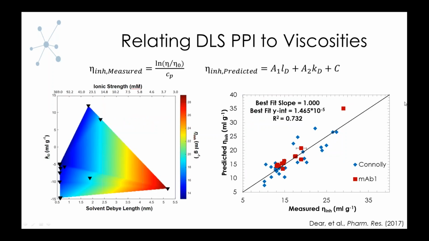So to get a better understanding of this, to see if we could use these KDs to predict viscosities for systems of varying ionic strength, we created a very oversimplified model where we made a predicted viscosity based off of two parameters: the measured KD and the Debye length of the solvent that the protein is dissolved in.